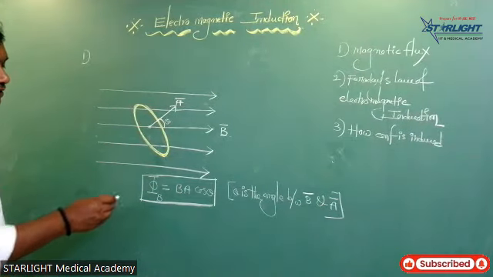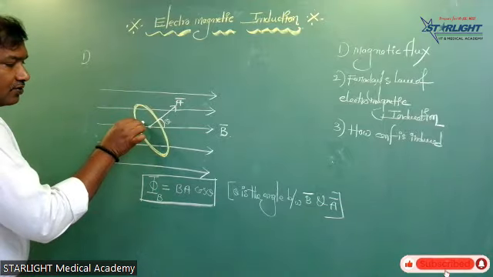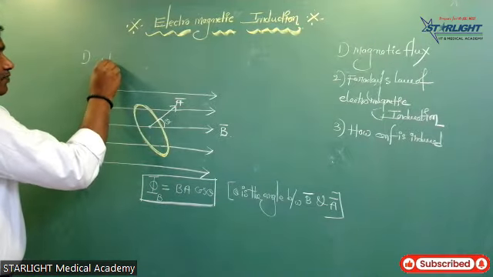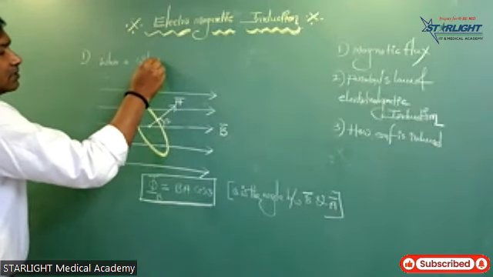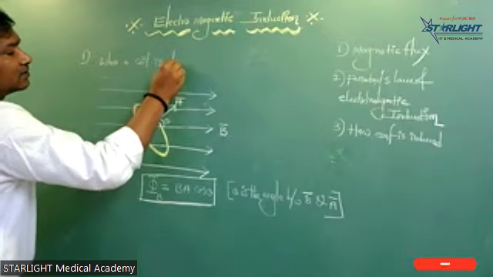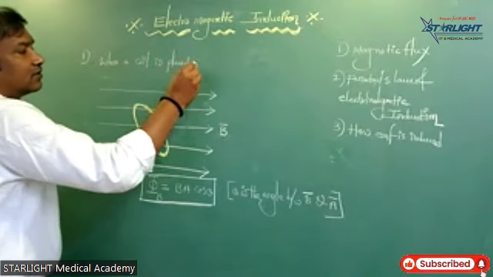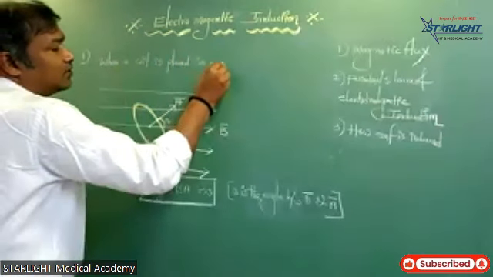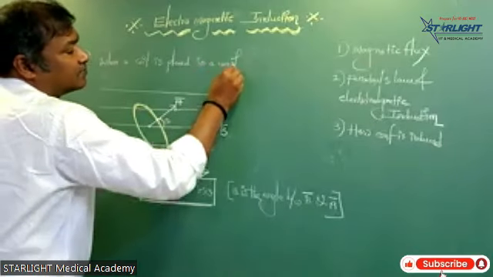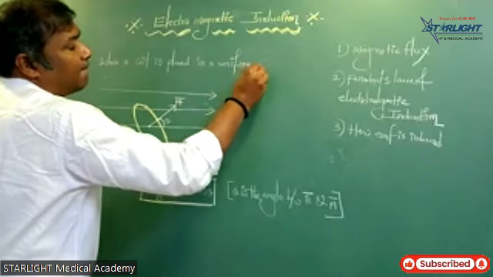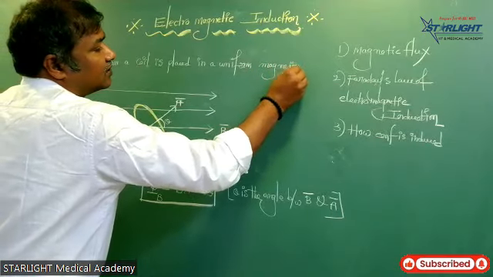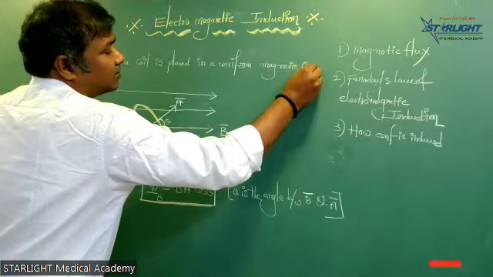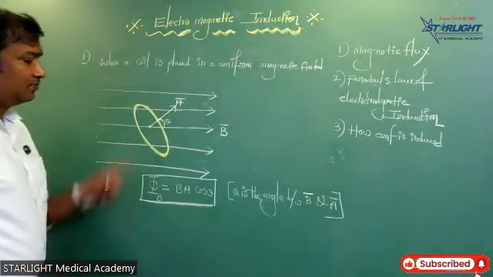దీనికి అర్థం చెప్పండి. When a coil is placed in a uniform magnetic field, so this is a coil.